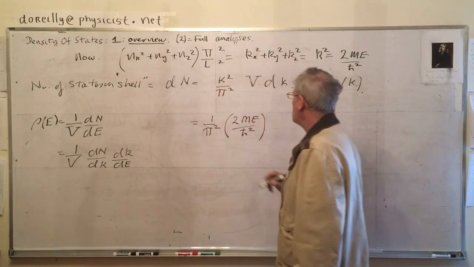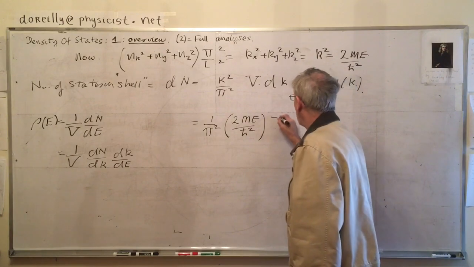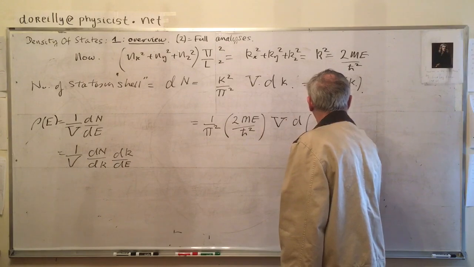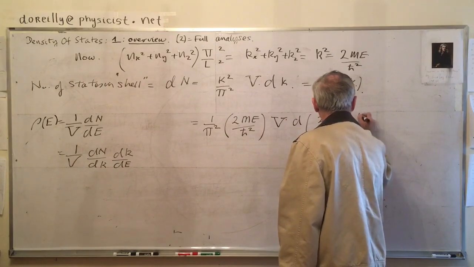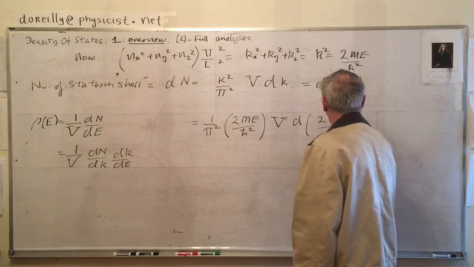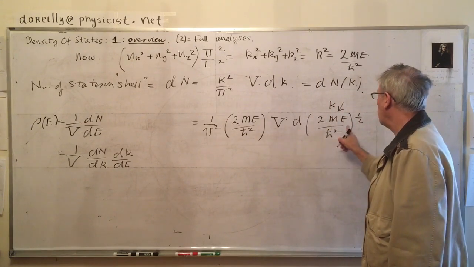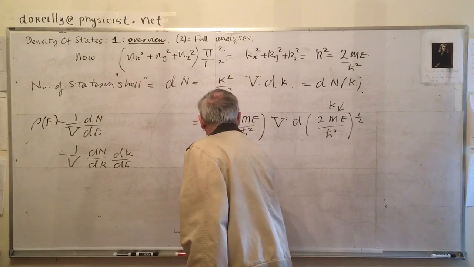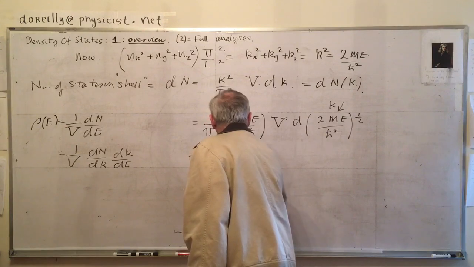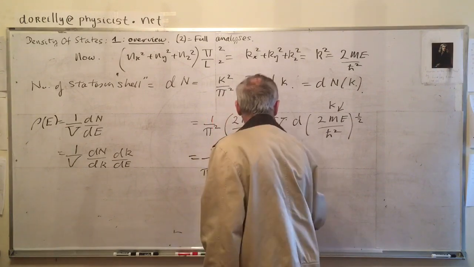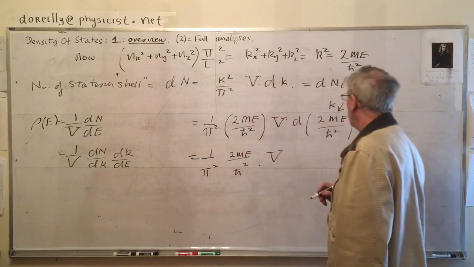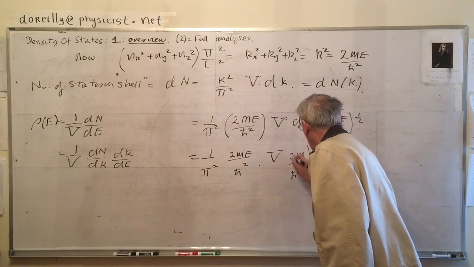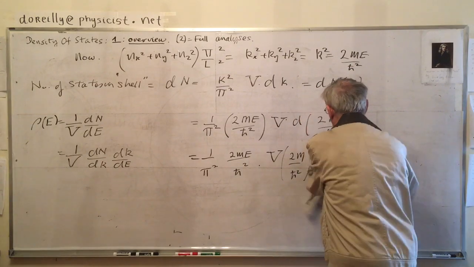Now remember that k squared is 2mE over h cross squared. V stays the same. And k is this. So if I take a differential of this object here, I get the following. This V is the volume of all the space. This brings out 2m over h cross squared to the power of a half.